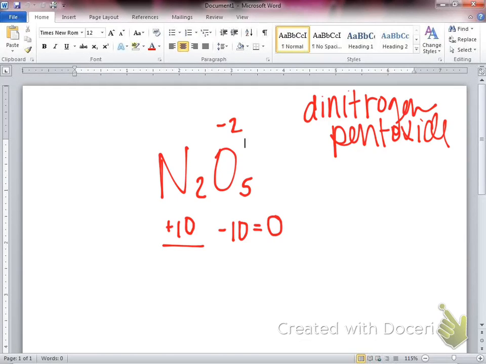We need +10 to be our total, but we have 2 nitrogen atoms. So what's that mean the oxidation number for a single nitrogen atom must be? +5. All right, very good. If you have a subscript on your first one, you've got to make sure you divide this total by your subscript to get to your singular oxidation number. So N has an oxidation number of +5. Oxygen is -2.